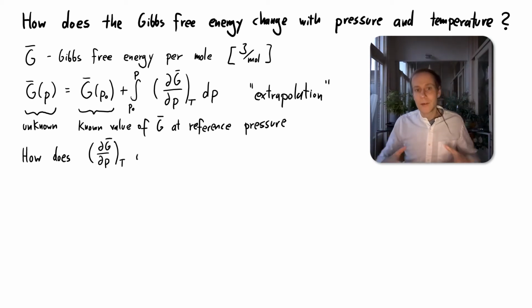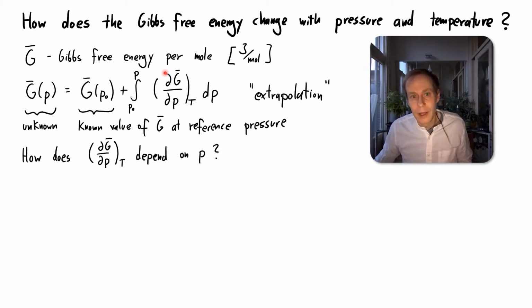First we need to find out how this partial derivative of the Gibbs free energy actually depends on the pressure. We need a formula, an expression for this partial derivative, and we can obtain that by taking a look at the enthalpy, internal energy, and how they connect to the Gibbs free energy.